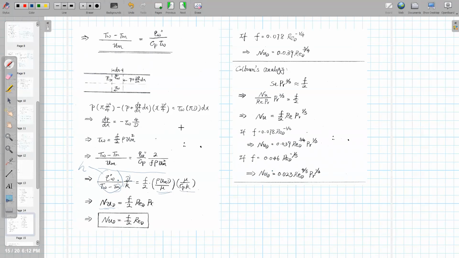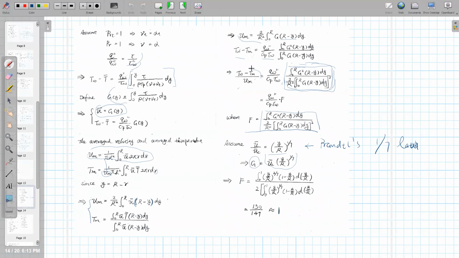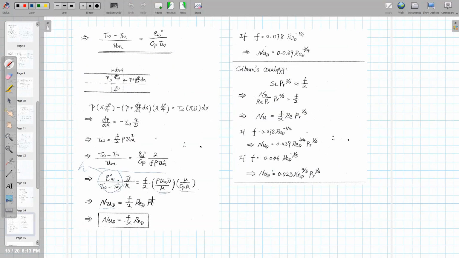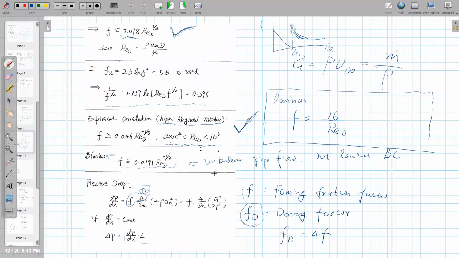Because of this analogy, we assume that the Prandtl number equals 1. So the final result will be Nusselt number equals F over 2 times Reynolds number. And if we use the friction factor result from this 1/7 law, F equals 0.078 Reynolds number to the power minus 1/4.